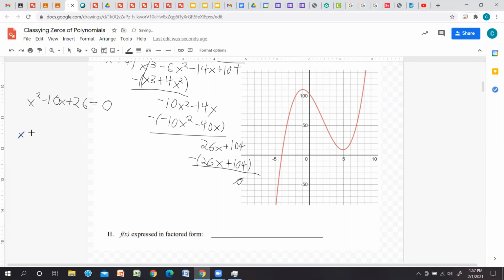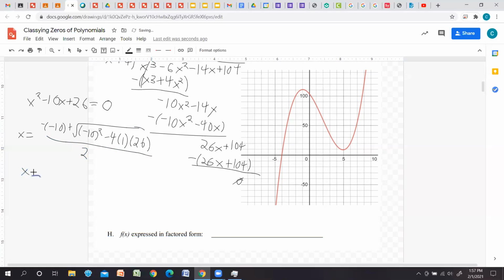So negative b, that's negative 10, plus or minus the square root of b squared minus 4ac, minus 4 times 1 times 26, all over 2a. 2a is 2 times 1, which is just 2.